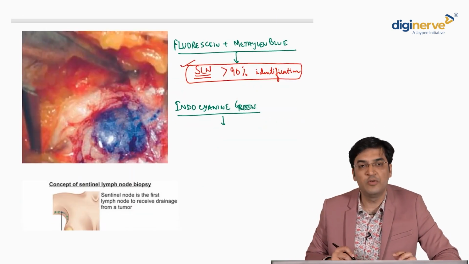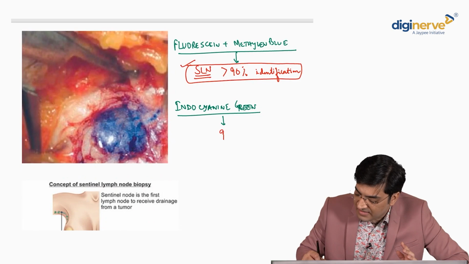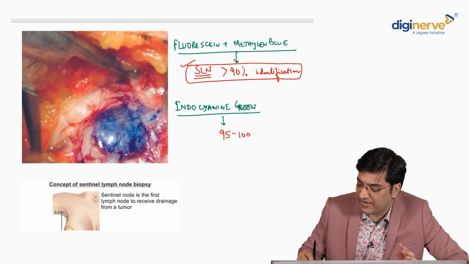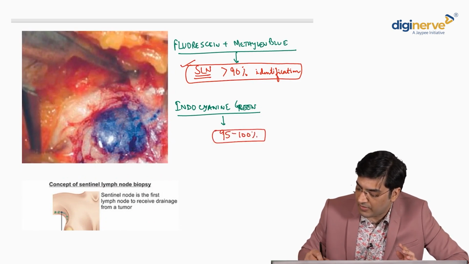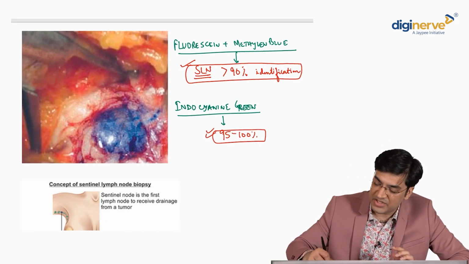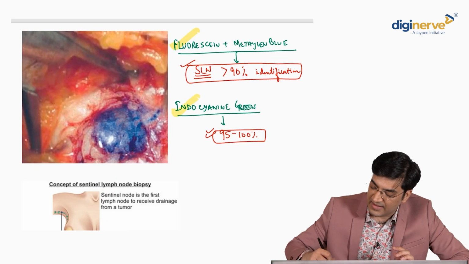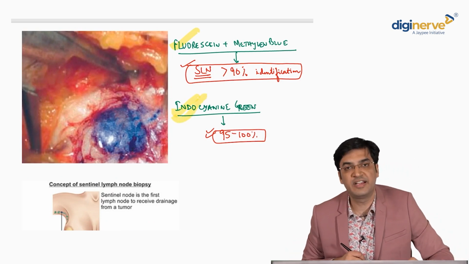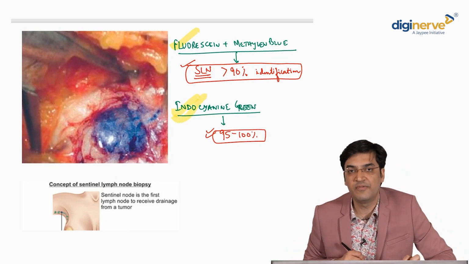But if you are using indocyanine green, this approaches 95 to 100%. So this is what you need to remember from the perspective of examinations, that indocyanine green is comparatively more effective in identifying the sentinel lymph nodes involved.